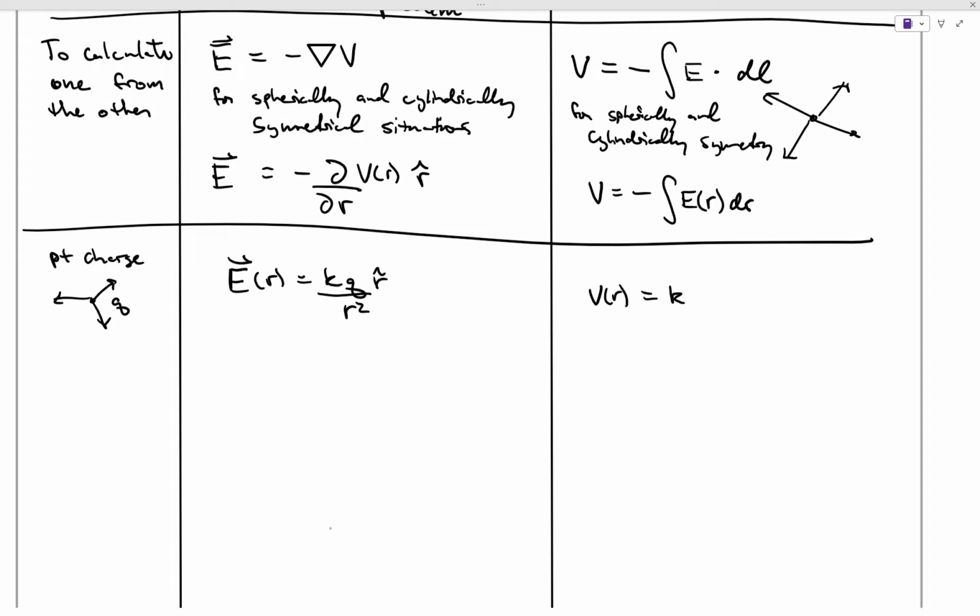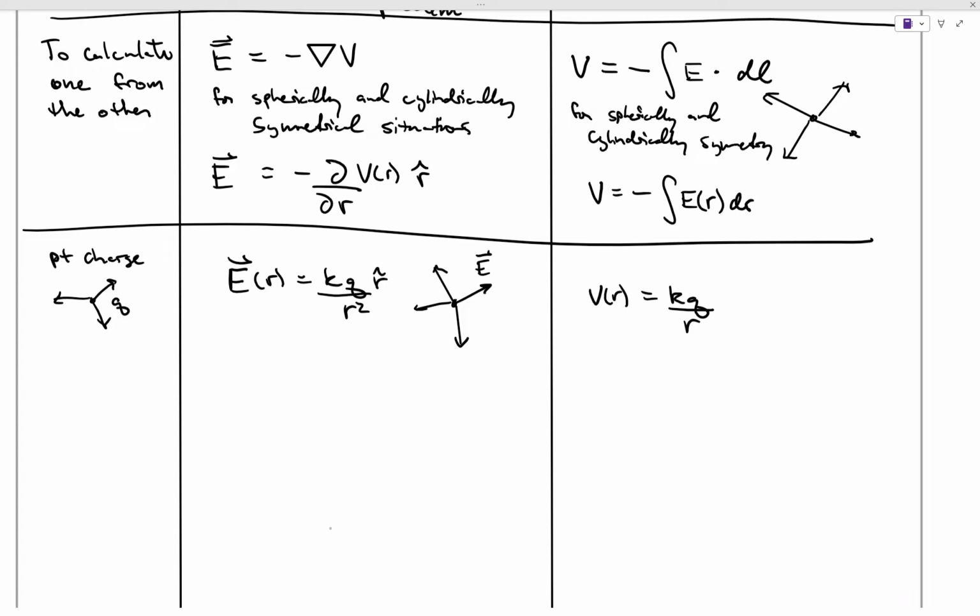Well, it looks very similar: kQ over r. Now notice it has no direction, no factor of r hat, and it depends on 1 over r instead of 1 over r squared. We could compare diagrams too. The electric field has arrows and electric field lines.